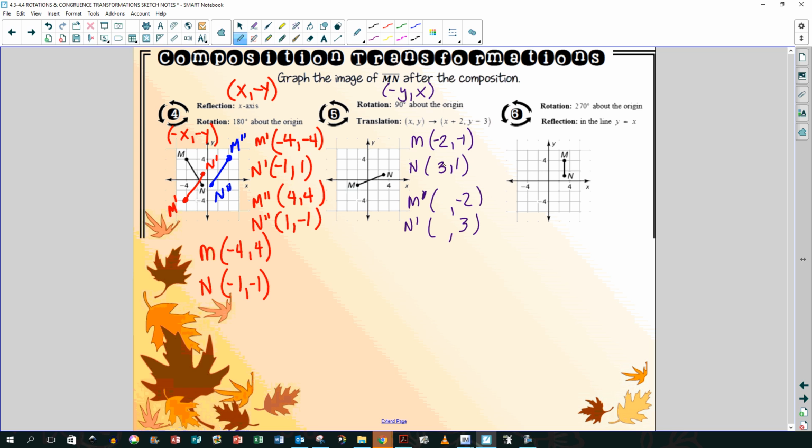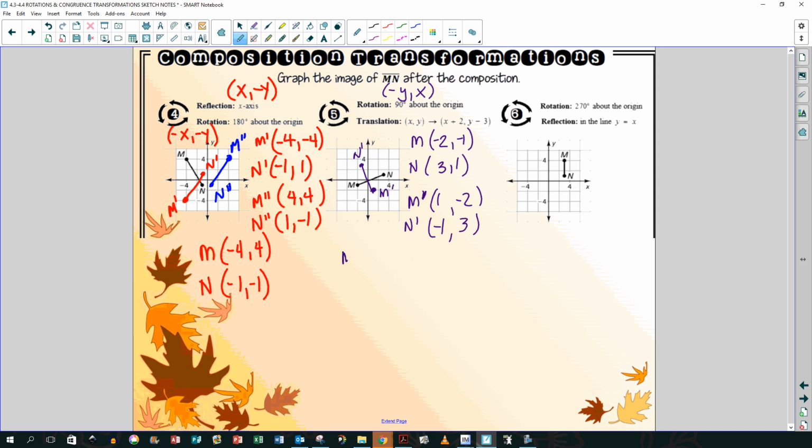So the x becomes my y value, and the y value changes signs. So +1, -1. So now I've got +1, -2. So there's my M prime. And then I have -1, 3. So there's my N prime. So there is a rotation of 90 degrees. So we just rotated it, went 90 degrees.